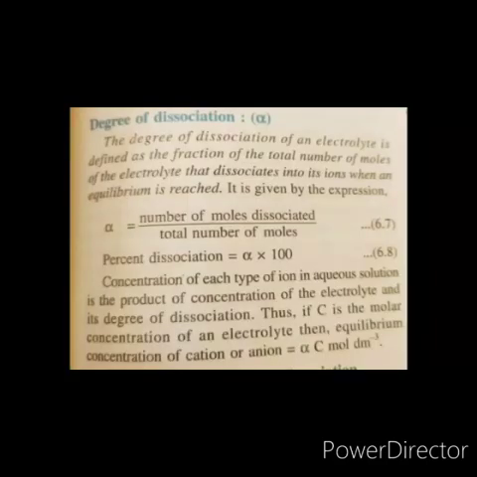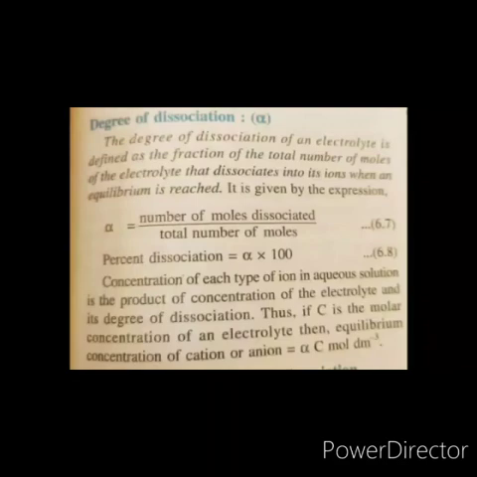Next point is the degree of dissociation, denoted by alpha. The degree of dissociation of an electrolyte is defined as the fraction of the total number of moles of the electrolyte that dissociates into its ions when equilibrium is reached. It is given by alpha equals number of moles dissociated divided by total number of moles.